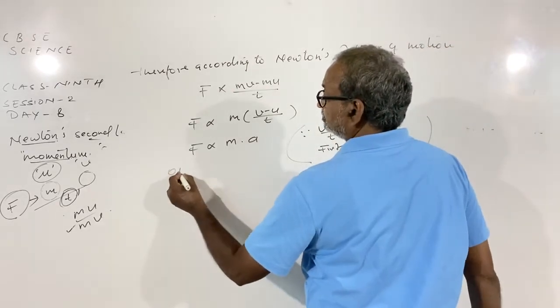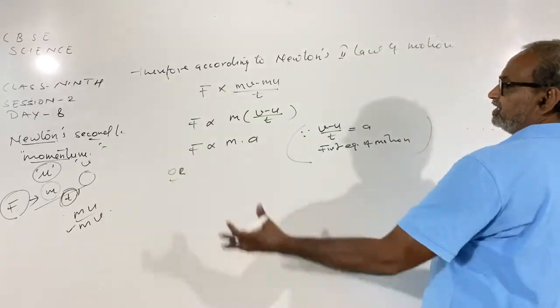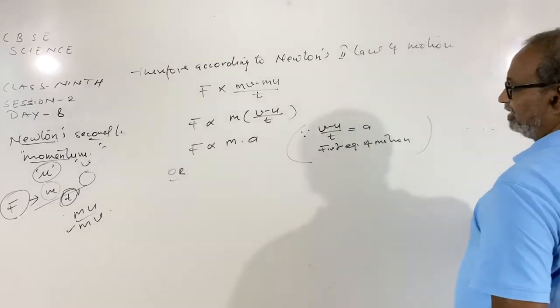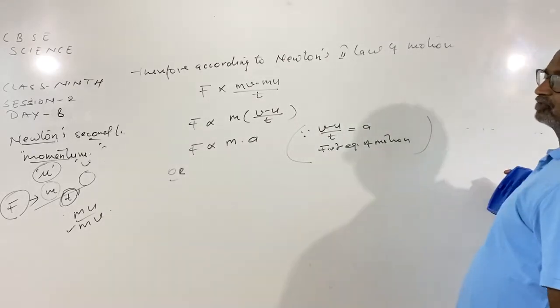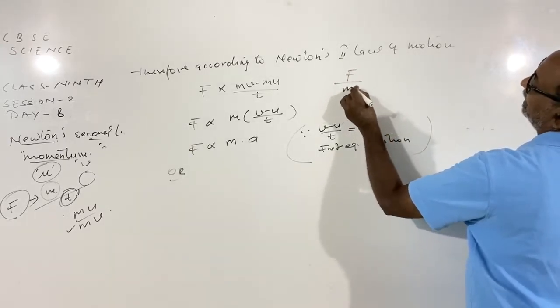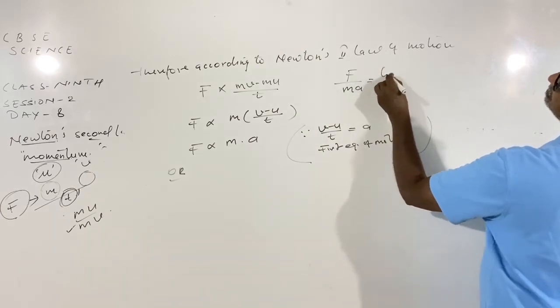Or, when two physical quantities are proportional to each other, their ratio is always constant. Therefore, F over ma is equal to a constant.